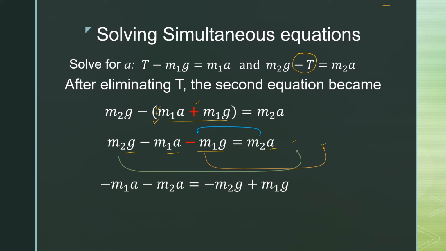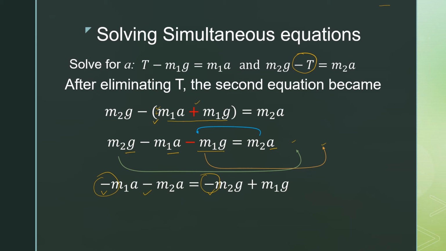Now, this one has a negative sign, this one has a negative sign, this has a negative sign, only this one has a positive sign. Often, when there is a negative sign in the first term here, I like to convert those negative signs to positive.